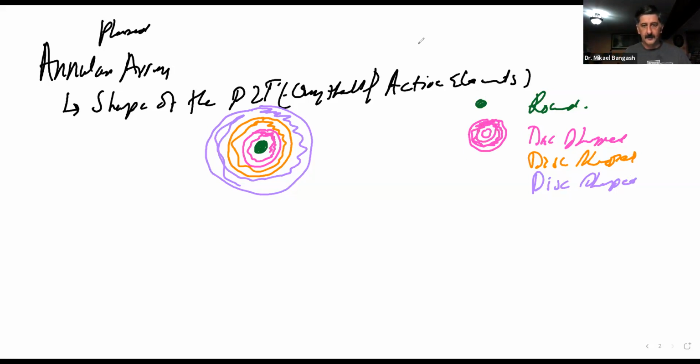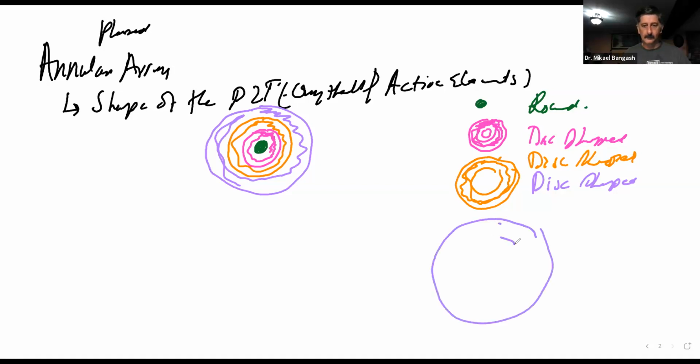They just get bigger and bigger. The area that is shaded is the PCT.